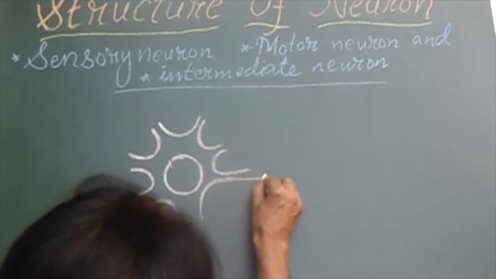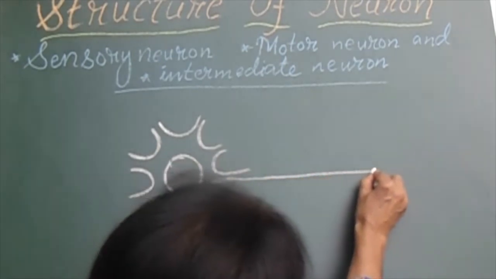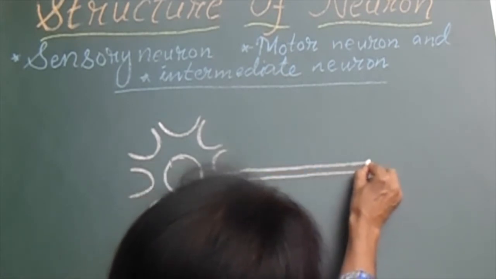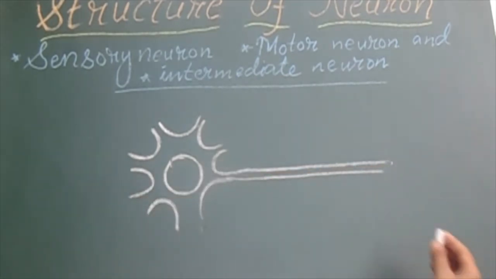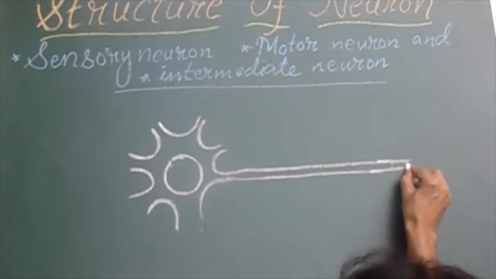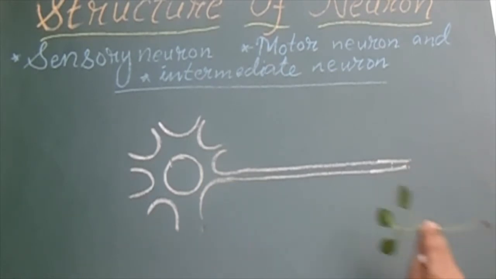Now just elongate this area. You can use scale also. This much. From here we will be drawing the root-like structure.